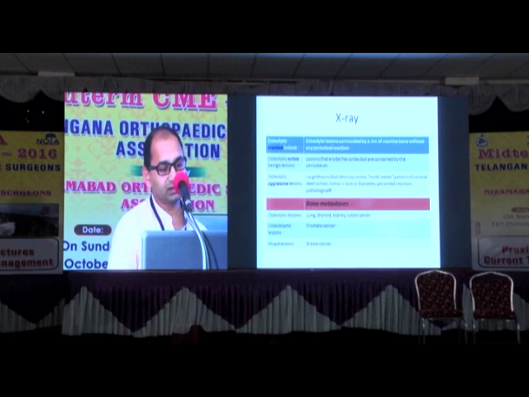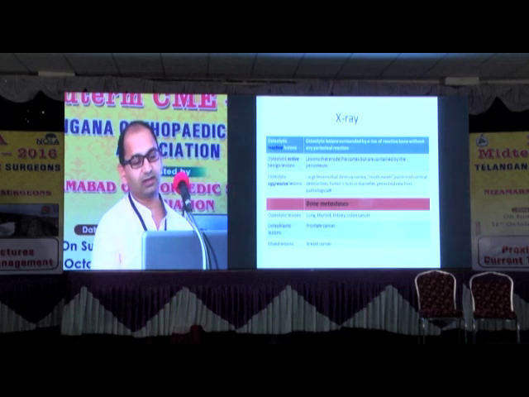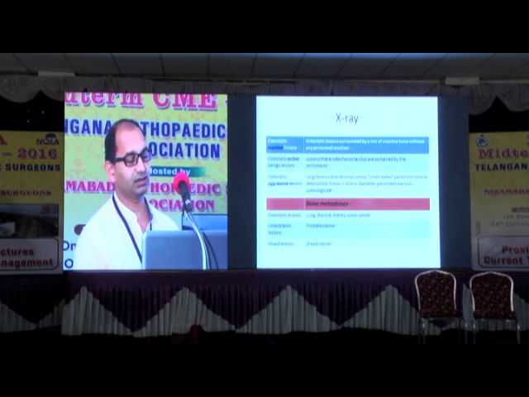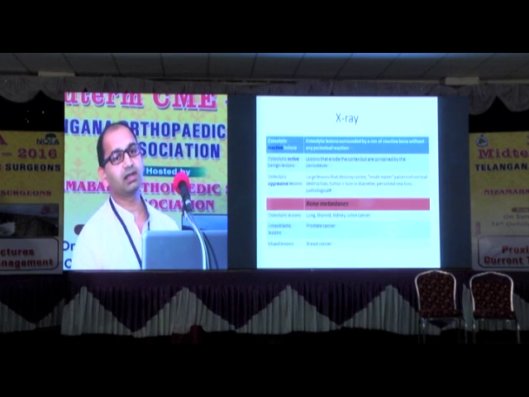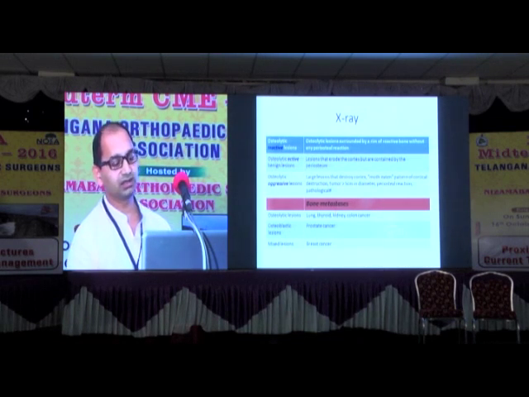Osteolytic lesions could be inactive, active, or aggressive, and you could easily see it on your X-ray. An inactive lesion is surrounded by a rim of reactive bone without any periosteal reaction. In active lesions, there is an erosion of the cortex, but the periosteum is still intact. Whereas in aggressive lesions, you have large lesions that actually destroy the cortex.